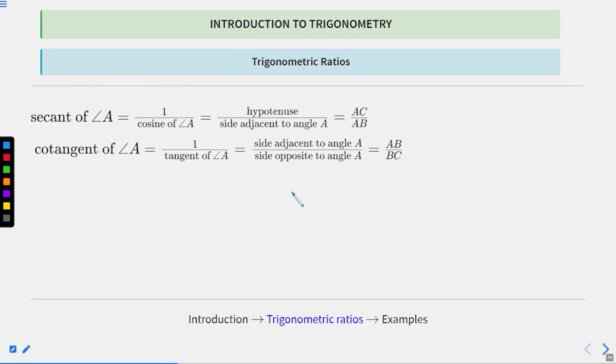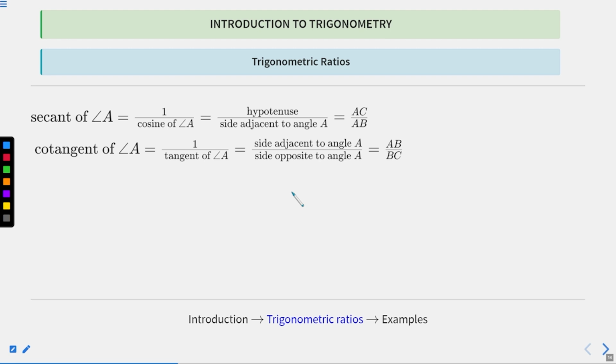Now secant of angle A is the reciprocal of cosine of angle A, so secant of angle A is equal to 1 by cosine of angle A. We know cosine of angle A is equal to the side adjacent to angle A divided by the hypotenuse.